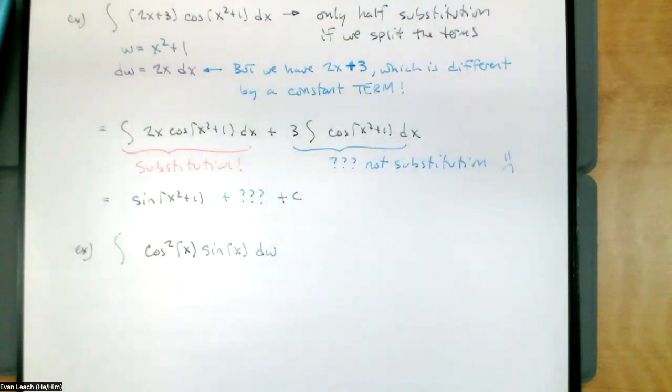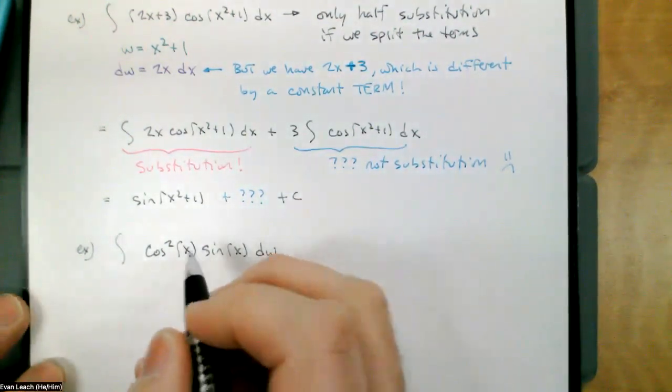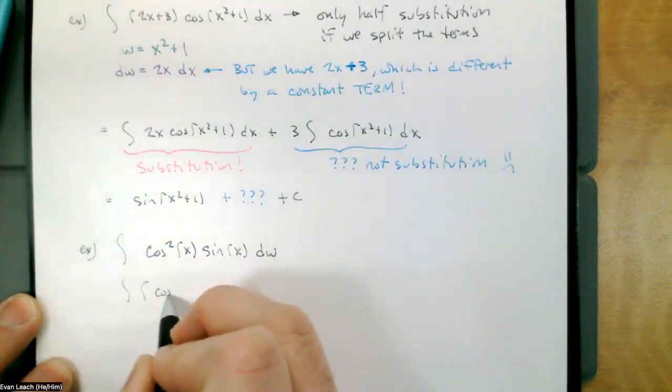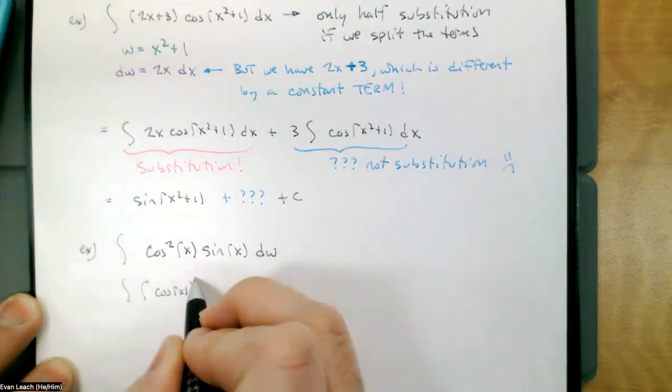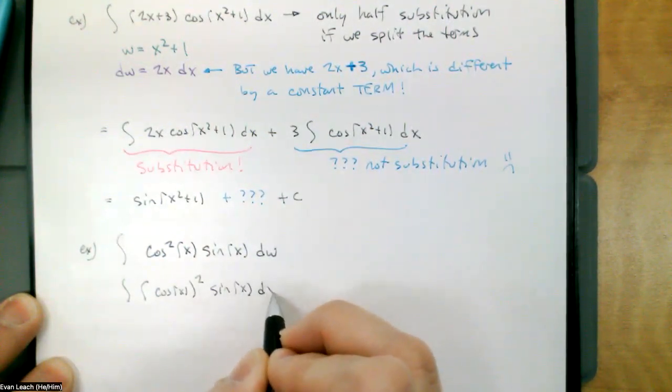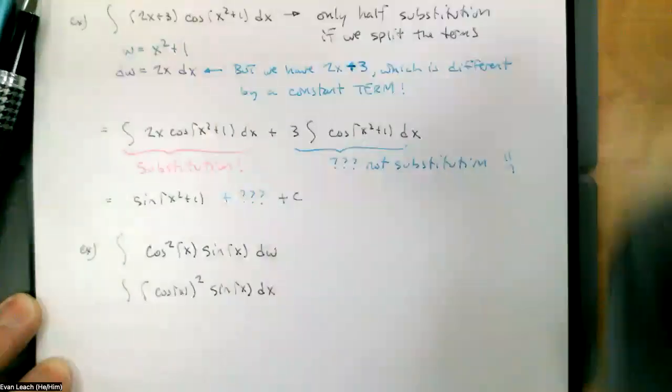The important thing here is how we read cosine squared. Cosine squared is our shorthand for writing the square of the cosine of x. I wrote dw, I should be writing dx.